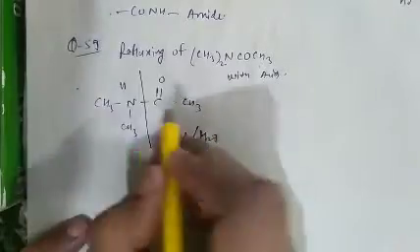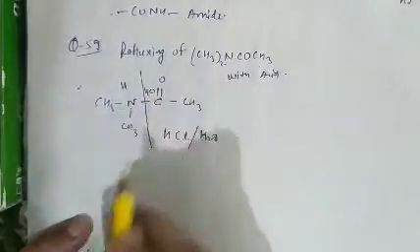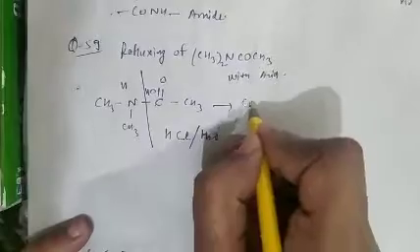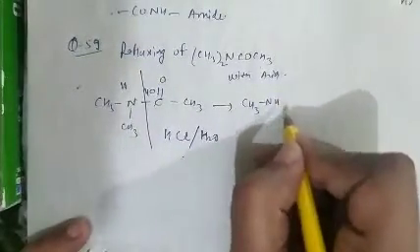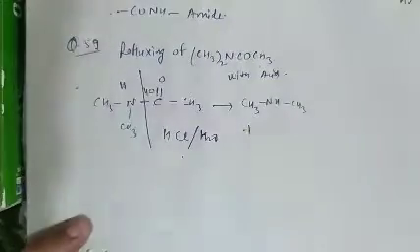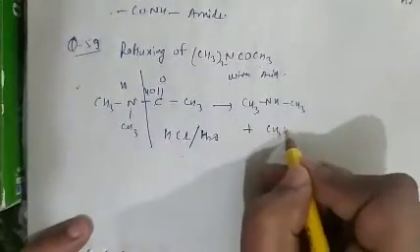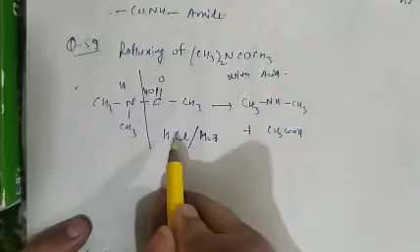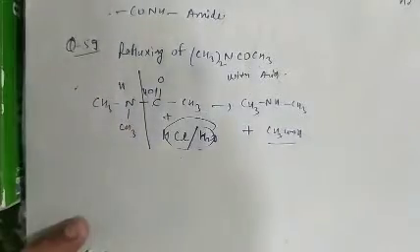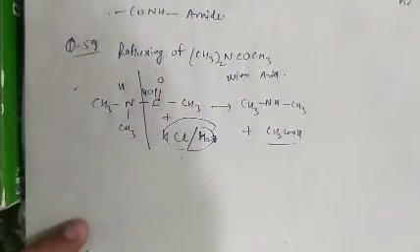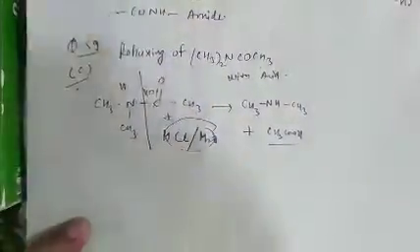Two hydrogen atoms will attach to this position, and an OH group will lie on this carbon atom. The product formed will be CH3NHCH3 plus CH3COOH. So refluxing with acid gives one product, a secondary amine, and the second product, acetic acid. Question number 59, option C is correct.